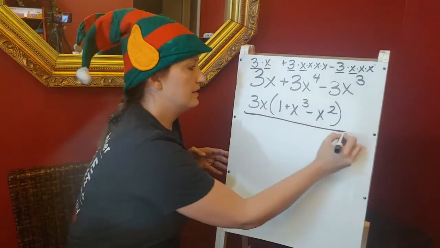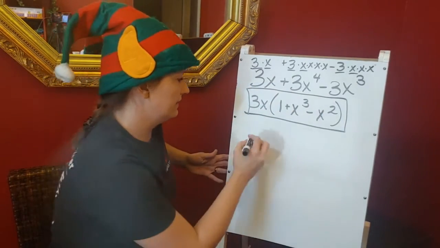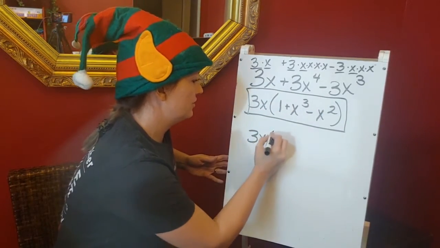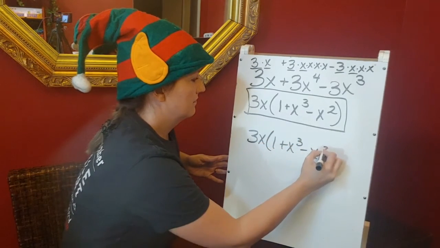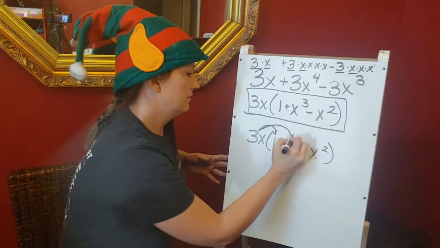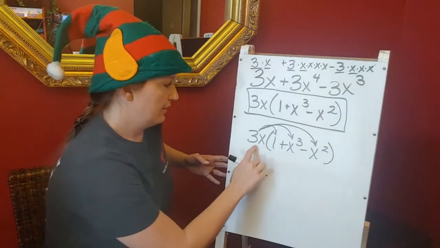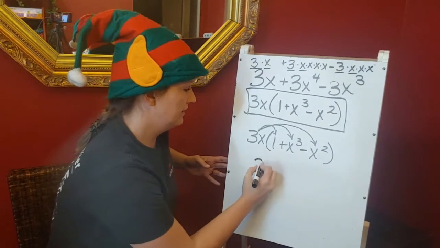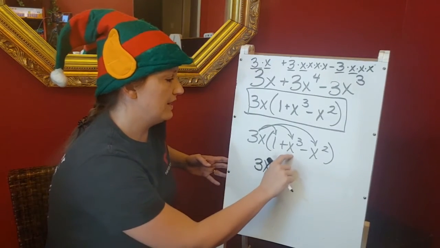Okay, so this is my factored form, and I can check it. I'm going to redistribute this 3x through my parentheses. 3x times 1 gives me 3x. 3x times x cubed.